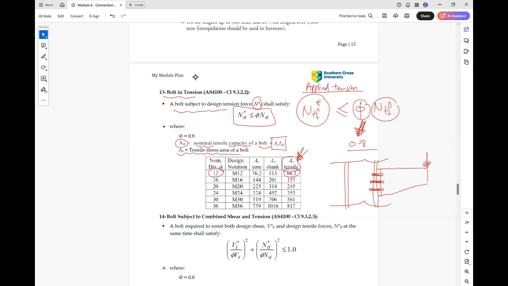If we have a force here or a force here as well, these forces will cause tension force on the bolts, or Ntf*. Okay, so if this bolt is under tension, Ntf* should be less than or equal to phi Ntf, where Ntf is equal to As, the area of the bolt, times the ultimate strength of the bolt.